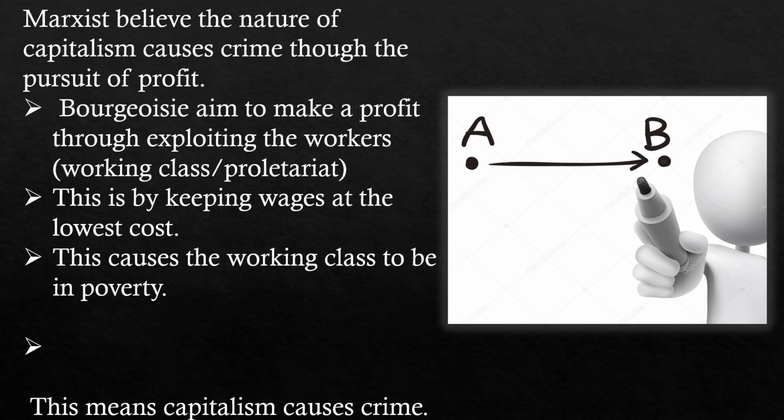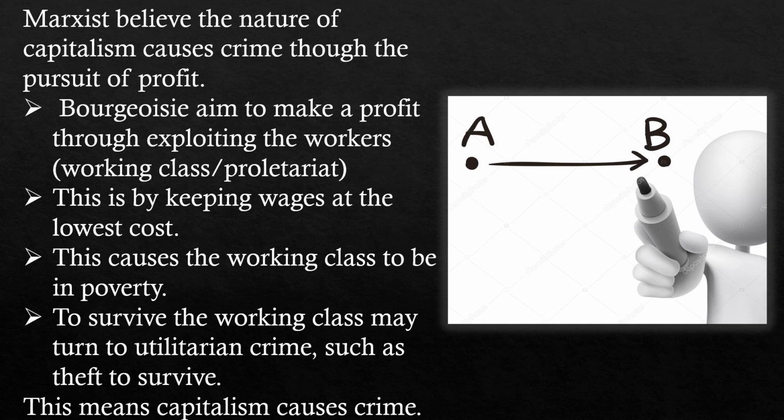And because wages are low, this then causes the working class to be living in poverty. So as a result, in order to survive, the working class may have to turn to utilitarian crime, such as theft, to survive. So this means that capitalism has caused crime. Now, this is a logical breakdown of the explanation.